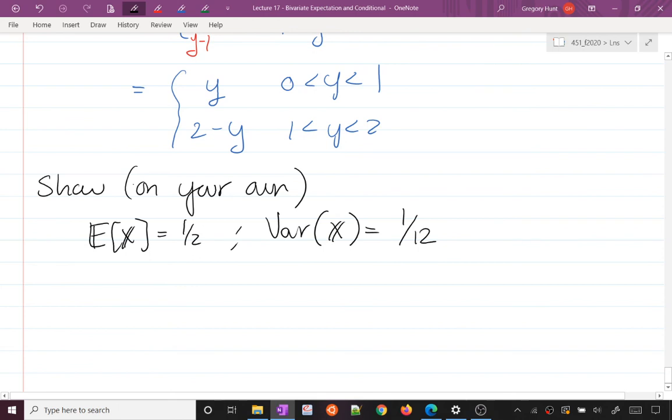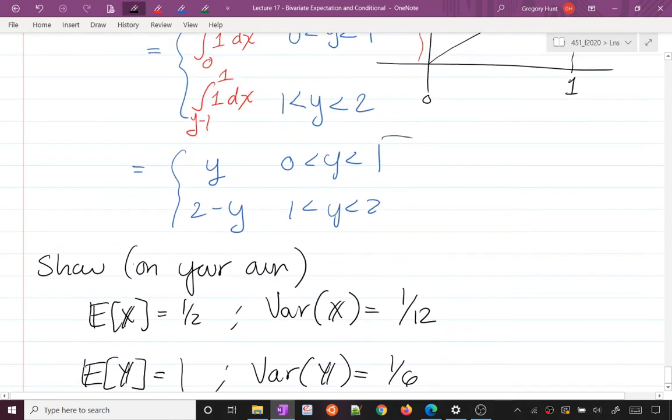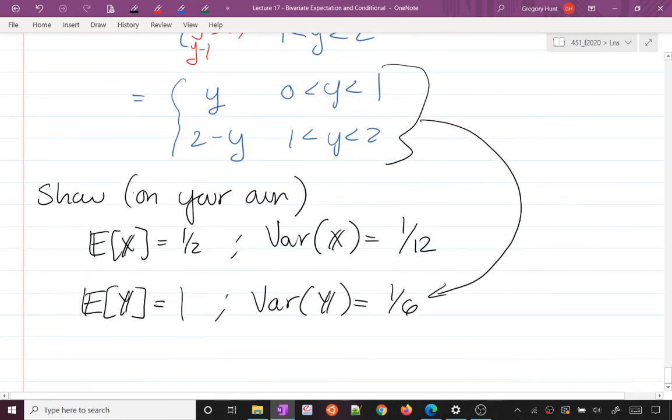And the expected value of y, you'll actually have to do these calculations because you probably don't know them off the top of your head. I wouldn't. You want to show that y in expectation is 1 and that the variance of y is going to be 1/6, right? And that's just using this fact here, right? We derive the marginal Pdf and we can use it to get the expectation and variance.